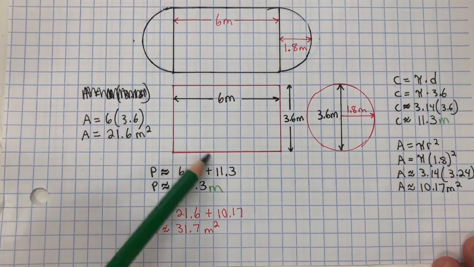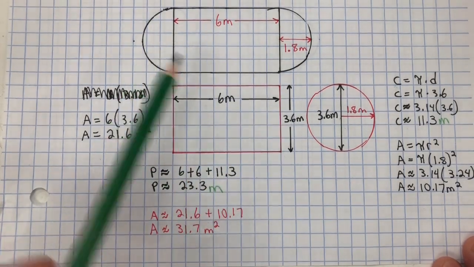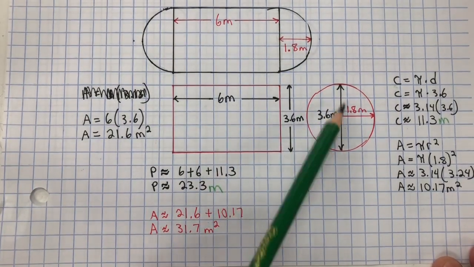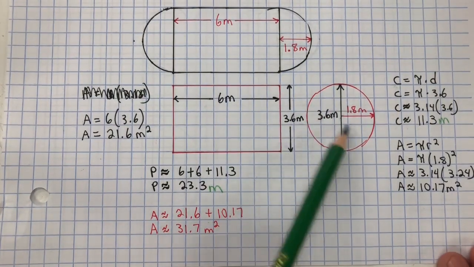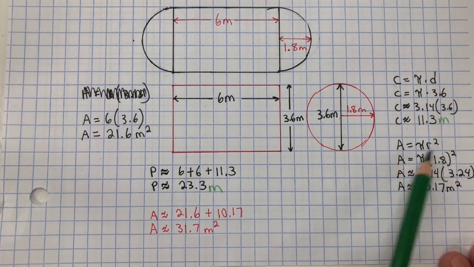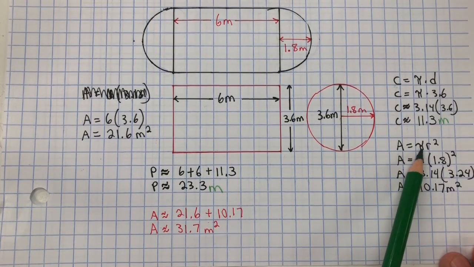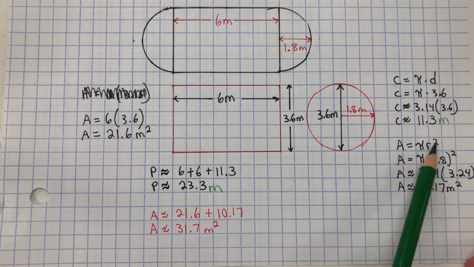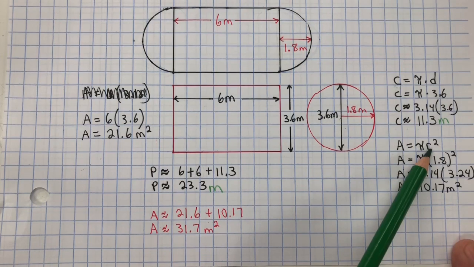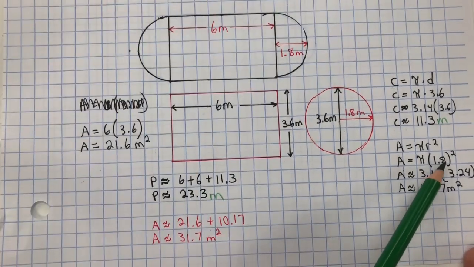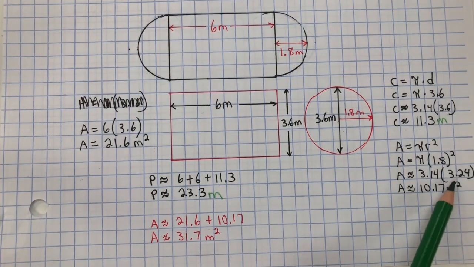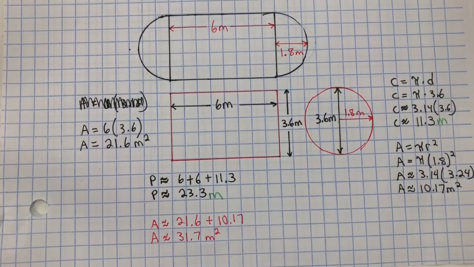Well, that gives us the area of the rectangle. Now we still need the area of these two semicircles. Well, area of a circle is apple pies r squared. Area equals pi multiplied by the radius squared. Well, here's the radius, so we plug that in for r, 1 8/10. 1 8/10 squared is 3 24/100.